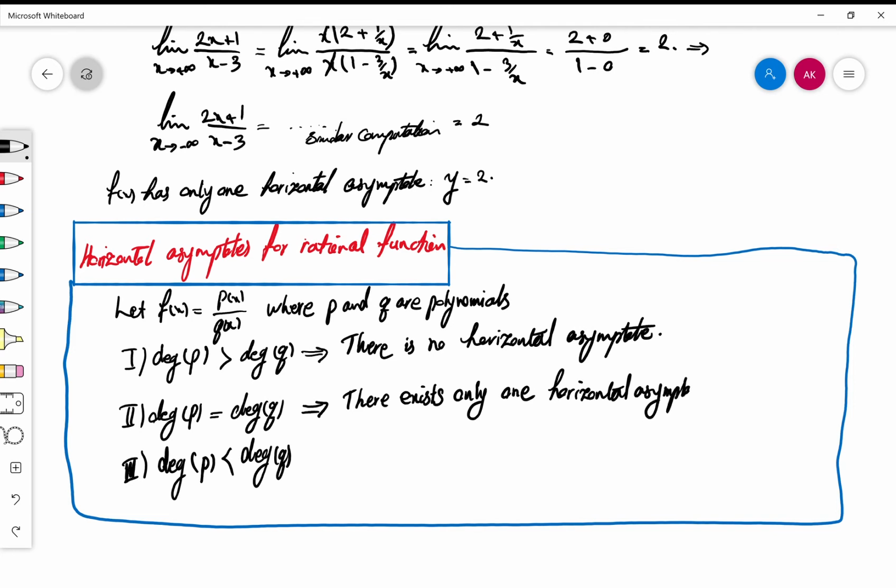And how do we get it? Well, y equals the leading coefficient of the numerator over the leading coefficient of the denominator. What does leading coefficient mean? The leading coefficient is the coefficient of the highest power of x in the polynomial.